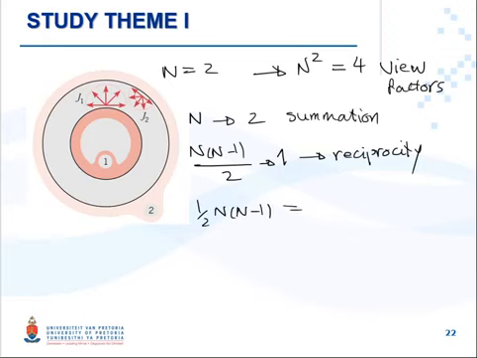So n squared minus n minus n(n-1)/2 is equal to 1, so we should have 1 view factor known. In this special case, if we have just 1 view factor, we can find all the rest. If you remember, we started with F11, which was a self-view factor. We said that F11 is 0, so we found 1.